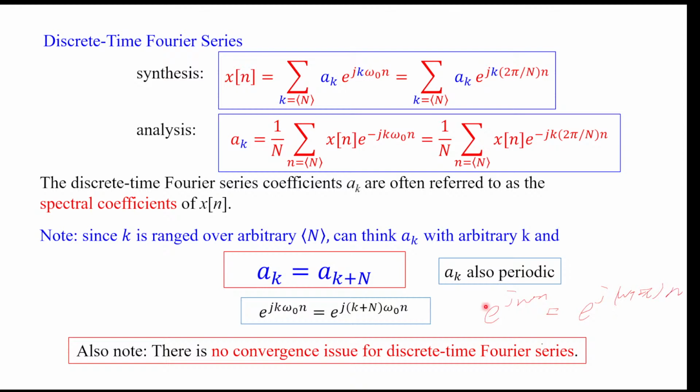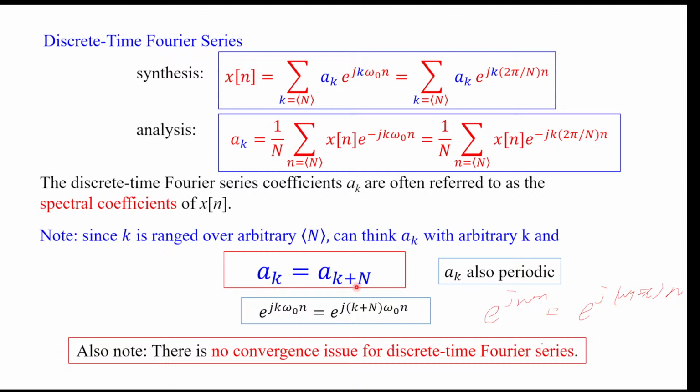So in the discrete case, because we only have sample points at integer values, e to the j omega n equals e to the j (omega plus 2 pi) n. In terms of harmonics, this means that increasing k to k plus big N gives the same harmonic, so the coefficient of the harmonic should also be the same. So the coefficient for the kth harmonic is defined to be the same as the coefficient of the (k plus N)th harmonic. This is for the discrete case, and that's the first difference.